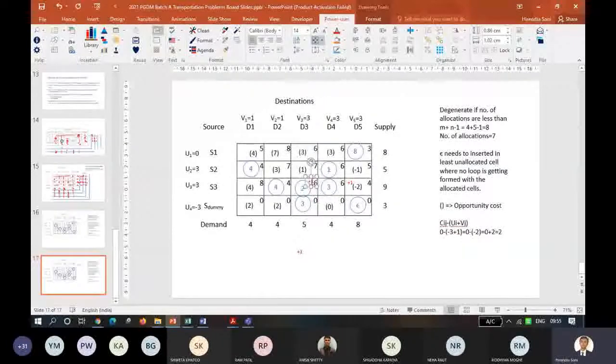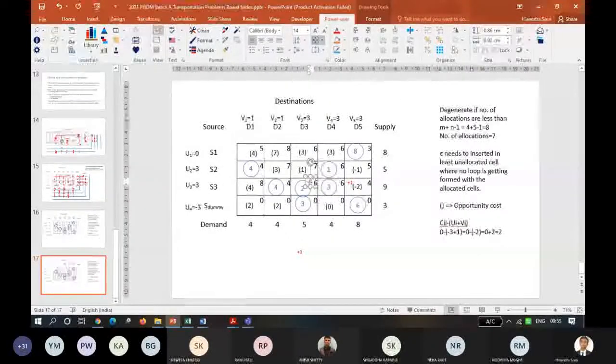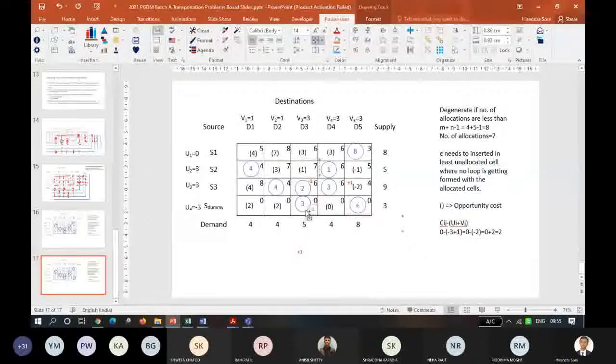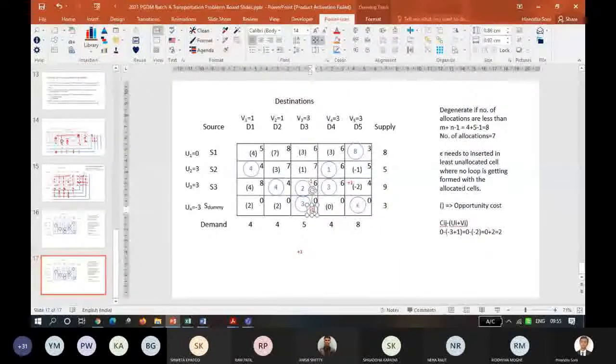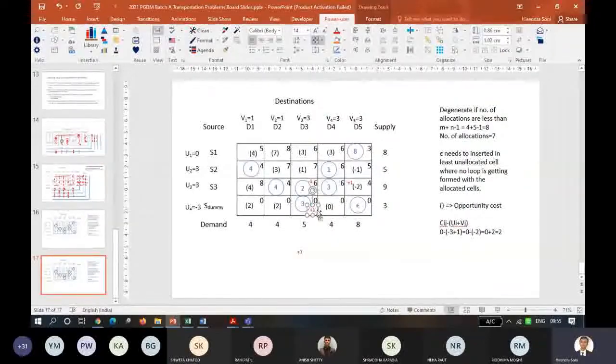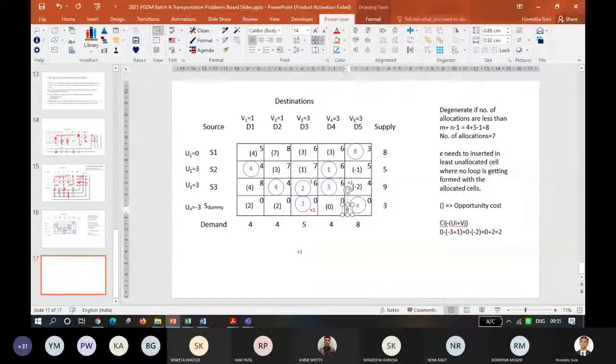दिस वुड बी -1. बराबर ना? देन +1 and correct.